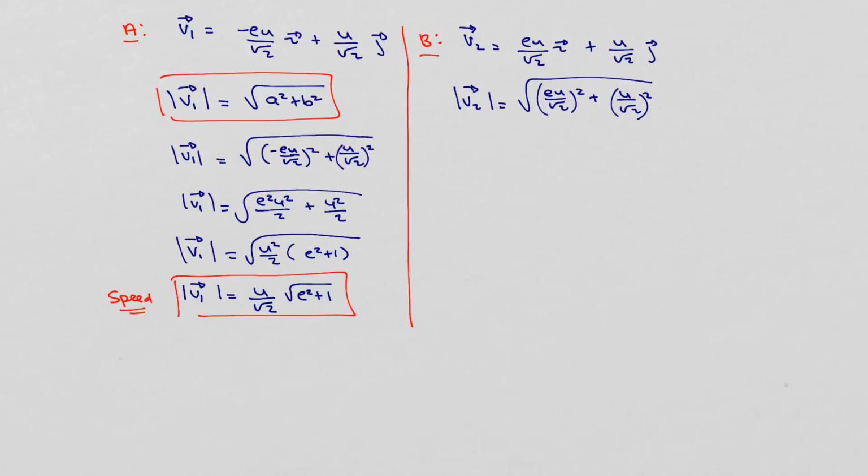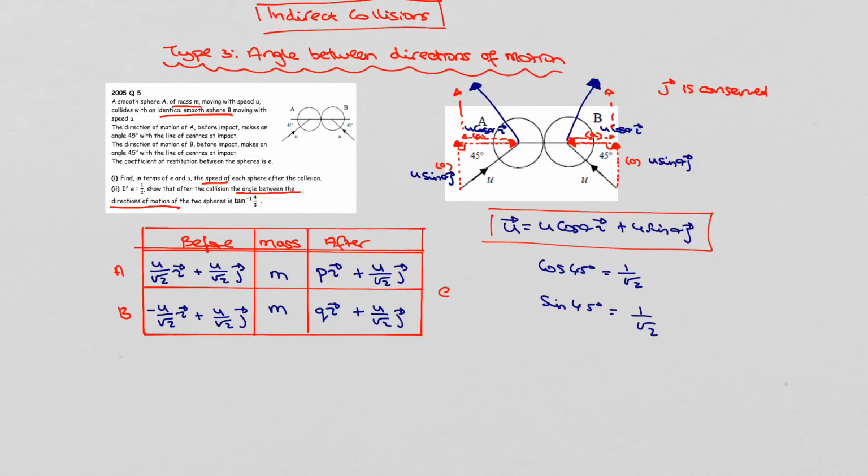So essentially, once I square my eu, I'm actually going to end up with exactly the same thing, because obviously squaring a negative and squaring a positive is going to give you the same value. So all of that, I don't need to work it out again. I can see it's going to be exactly the same. Okay, so now we have the speed for A and B after the collision.